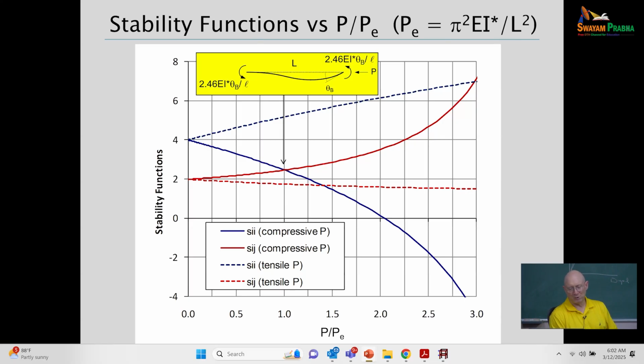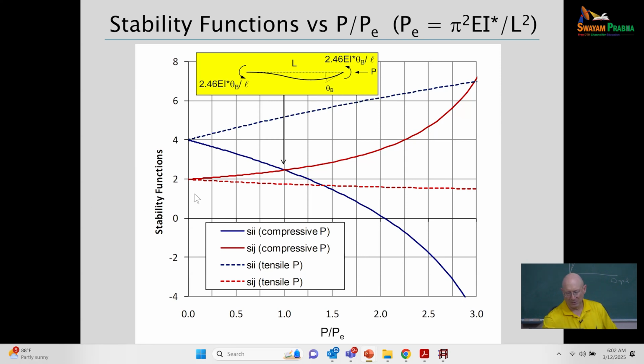What I'm showing you here is one example, where I'm pointing to a location on the plot. The values of the stability functions are on the vertical axis, and the ratio of P to PE is on the horizontal axis. If I apply an axial load P that's equal to PE, P over PE equal to 1, what have we got?